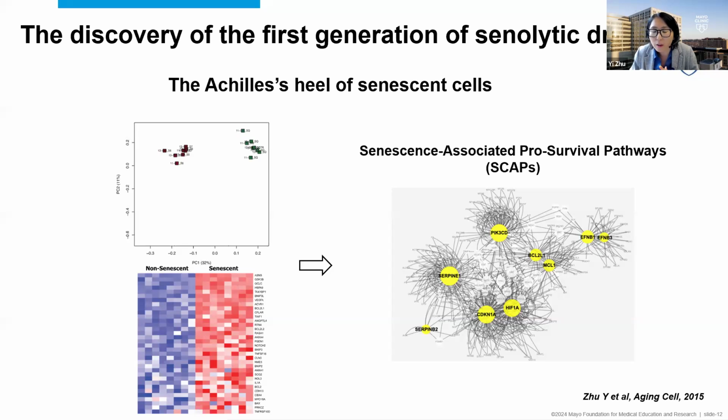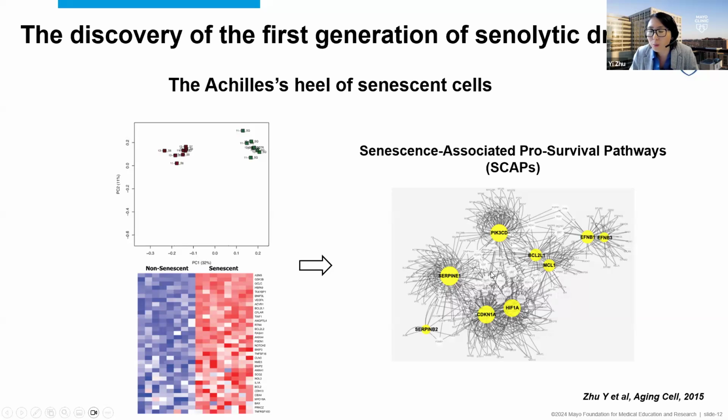Then I further looked into the transcriptome related to apoptosis or pro-survival pathways, and with the help of our bioinformatics support, we generated this network. We call this the senescence-associated pro-survival pathway. So we speculate senescent cells rely on this pro-survival network to survive through the harsh conditions during aging or diseases.